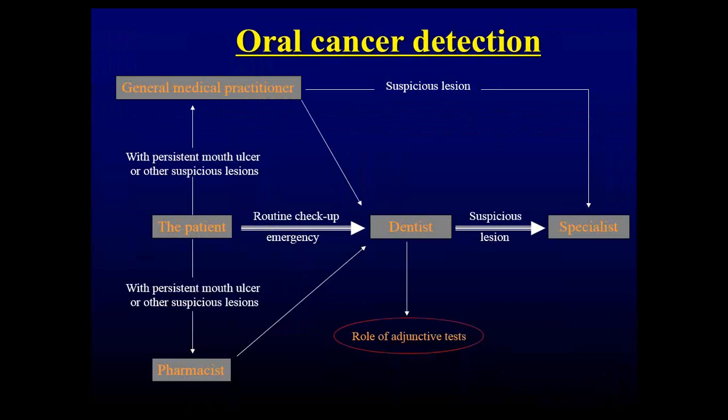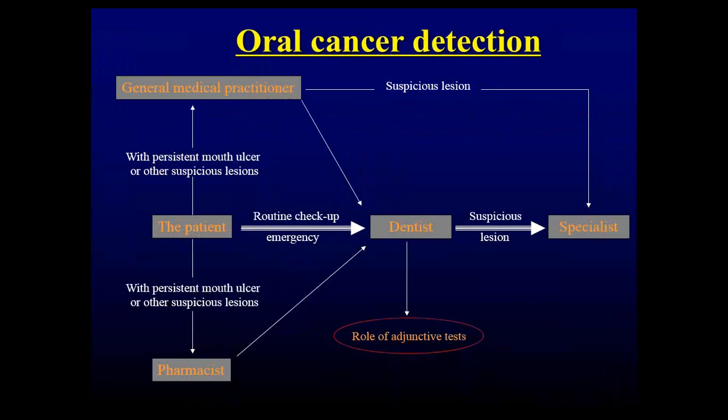And that is where the role of adjunctive tests comes in, which I won't call diagnostic tests, because till now it hasn't been established that they can be certain diagnostic tools, but certainly it has been established that they do help in the diagnosis, and therefore they are called adjunctive tools.